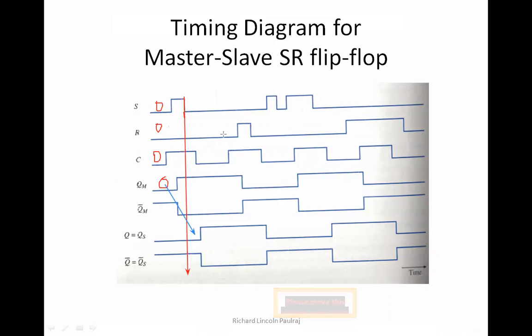The delay is because of your inverter, right? Because master will work at one time, slave will not work at that time. Both are not working at the same time. So what is going to happen in the next clock cycle only? It is going to transfer the values, isn't it? So we are waiting for the next clock cycle.